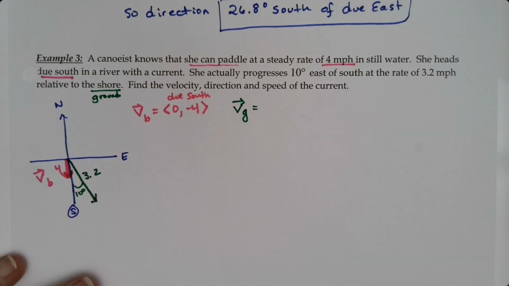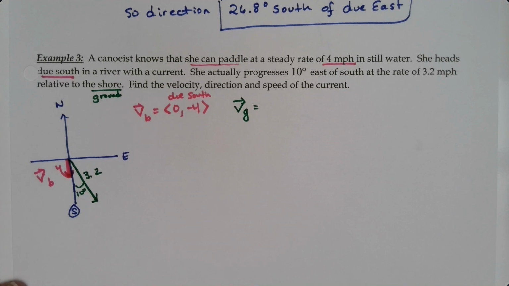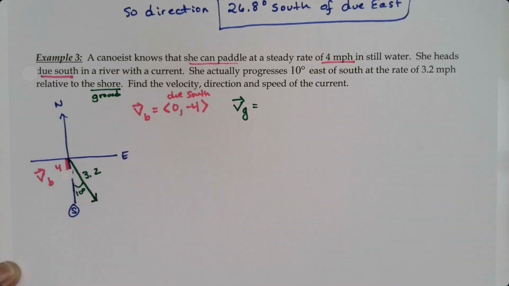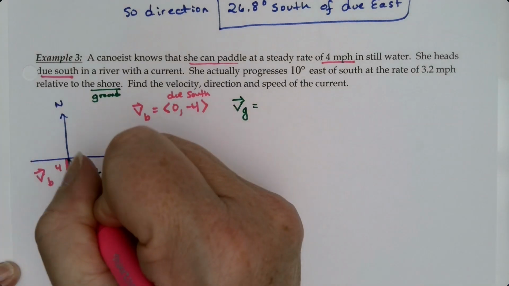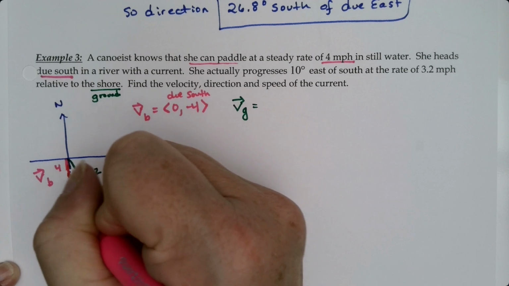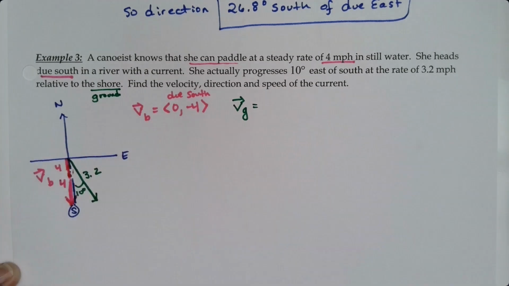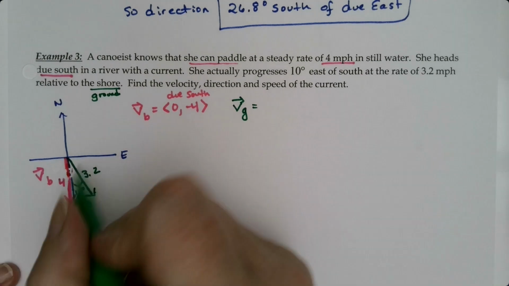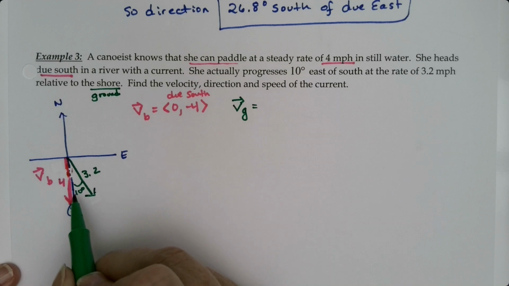I've not drawn this to scale, and I'm sorry. Maybe I'll make the pink velocity vector bigger, because it has to be longer than the 3.2. So let me go all the way down. That's the 4, right there. It's bigger, because this is a canoeist, and she can't go as fast as a boat with an engine. So 3.2, and that is 10 degrees right there.